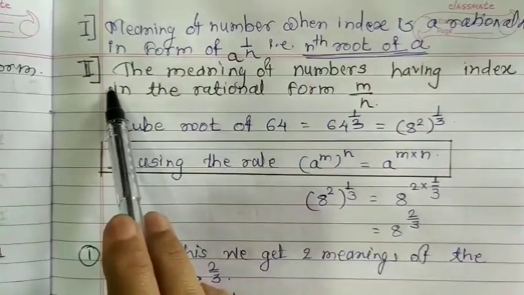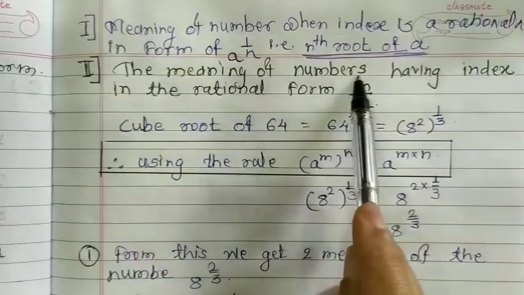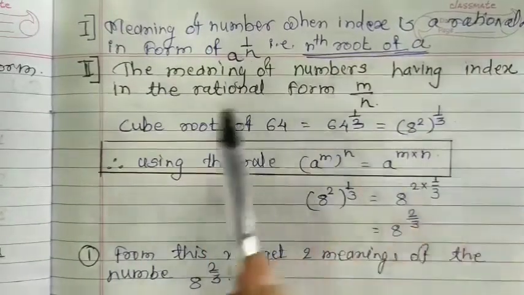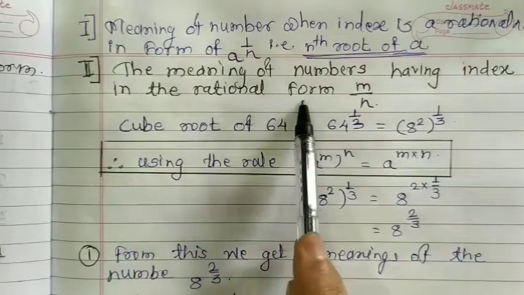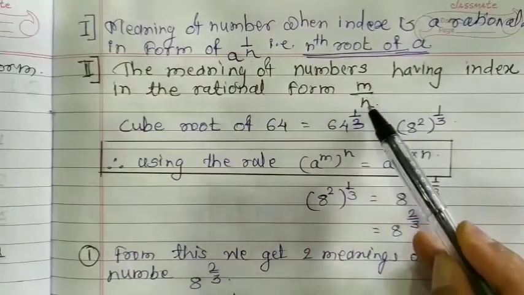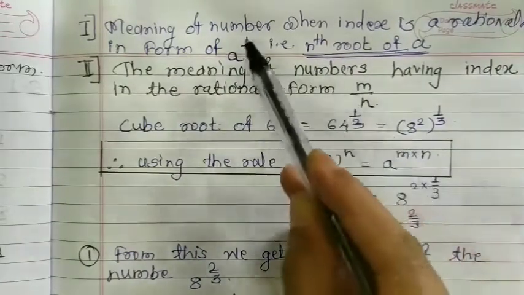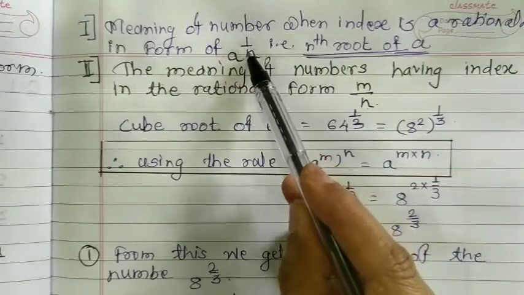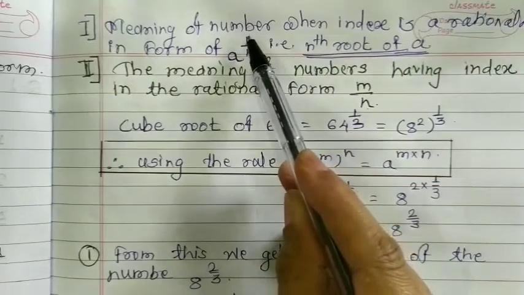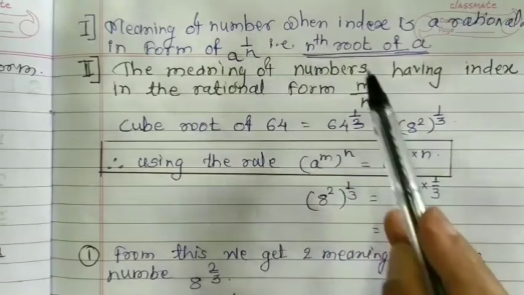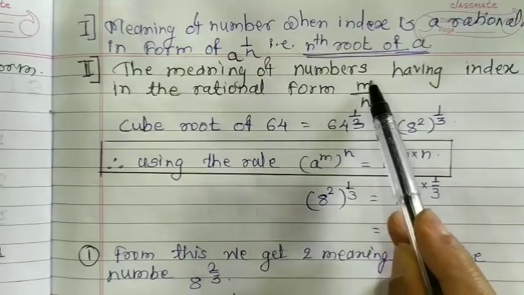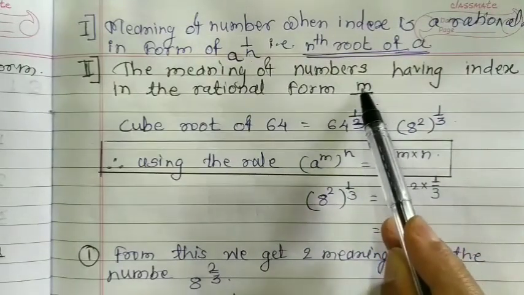Now we are studying the meaning of numbers having the index in the rational form m upon n. So let's see 1 upon n.